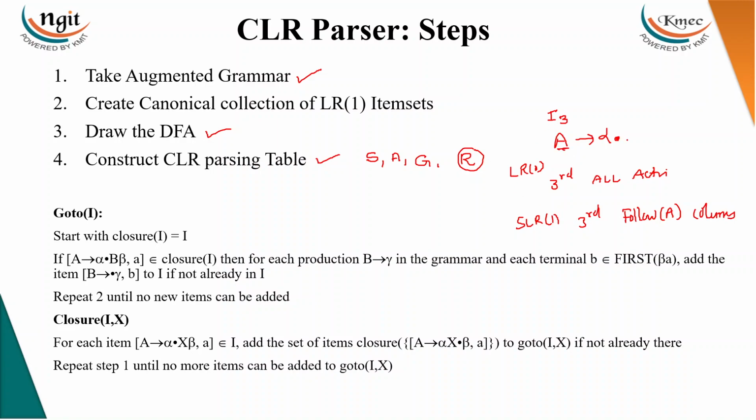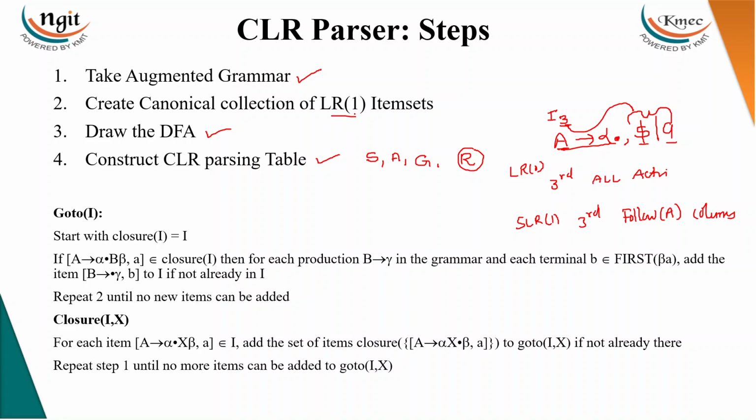But in CLR1 we use LR1 items, where every production has some lookahead symbols. So if the production is completed, in the third row you perform the reduce in the lookahead symbols associated with that production. Right, in I3 it is dollar and a, not the follow of A. In CLR1 the 1 means lookahead symbols, these dollar and a, whatever you have.